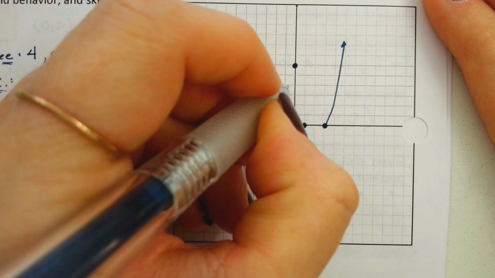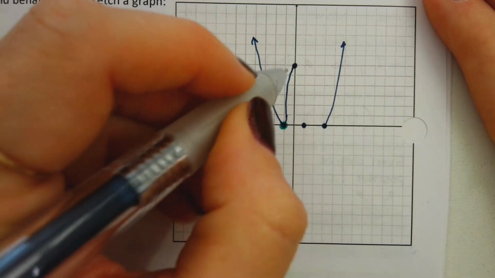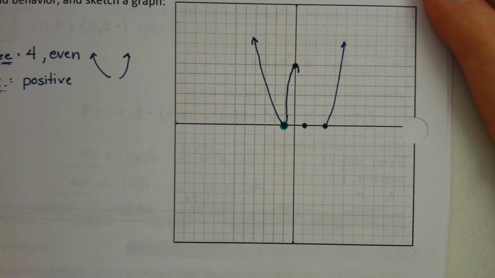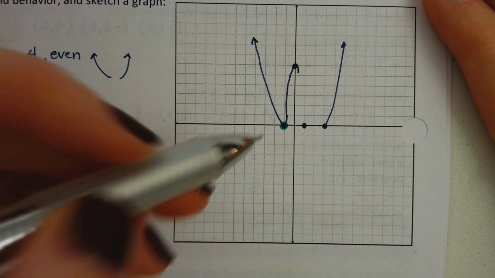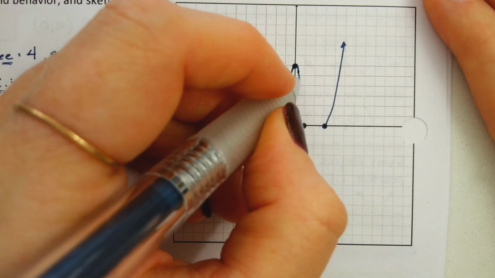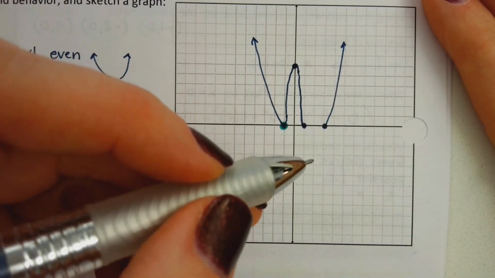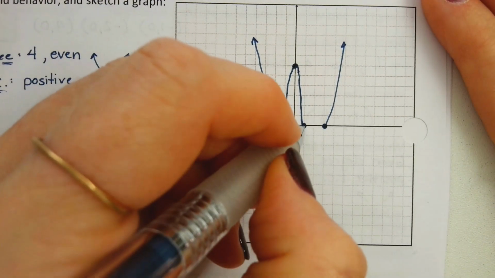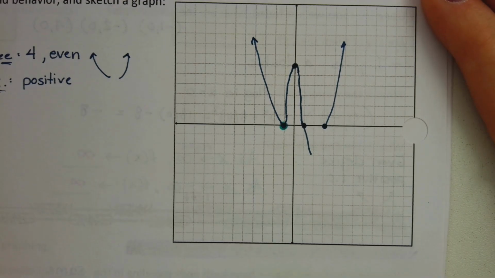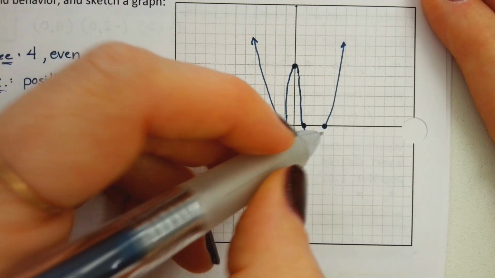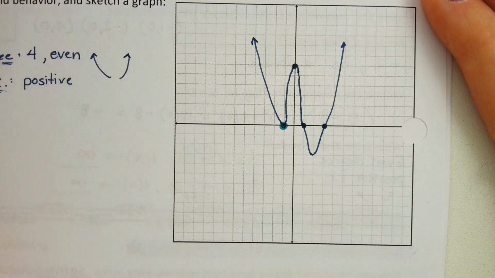So it's going to go all the way up there, pass through there. What's the next point I need to get? The 1. So it's going to come back down. For the +1, does it need to pass through or does it tap it and turn around? Pass through. And I know it's got to pass through because what's the next point I got to get? The 3. Turn back around, get the 3.